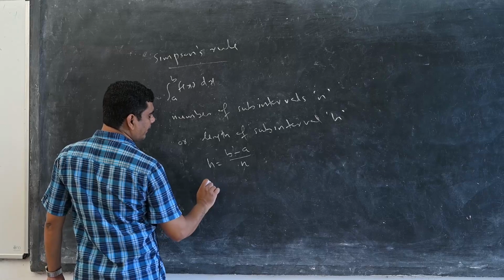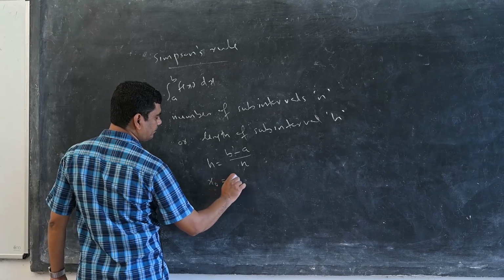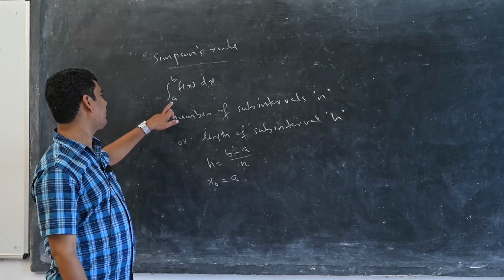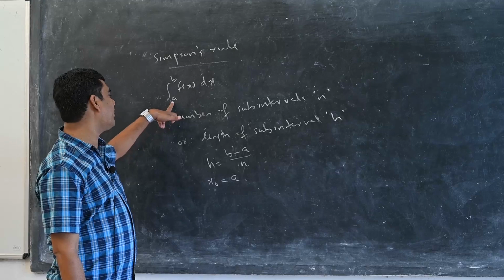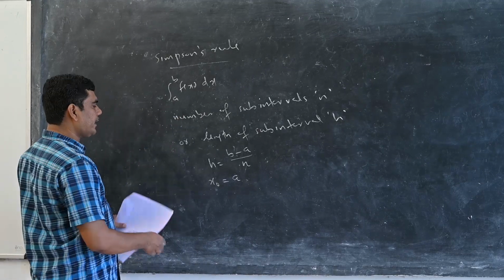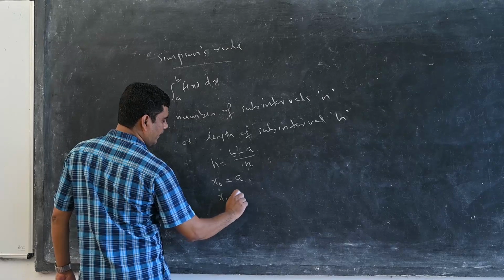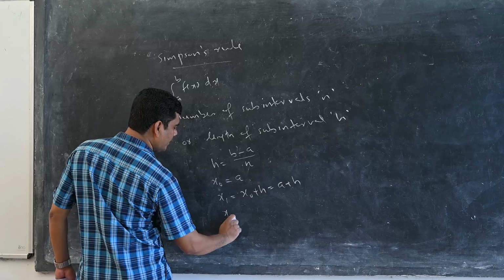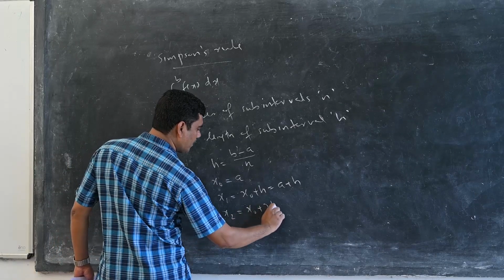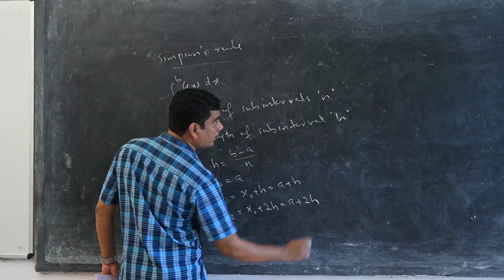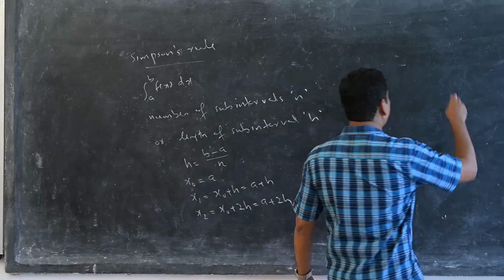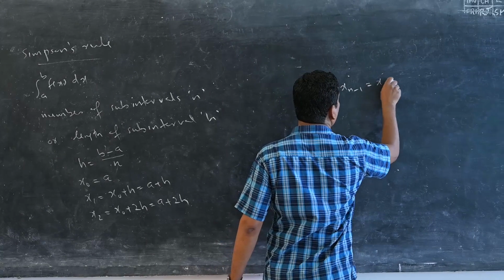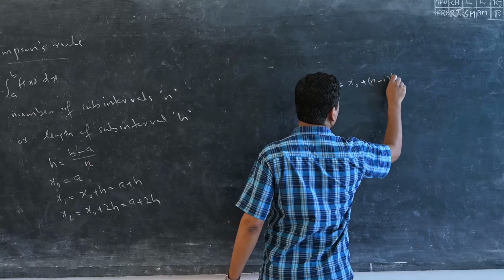Start with x0 equal to a. a is the left end point of this interval. This is the lower limit of integration. x0 is equal to a. x1 is equal to x0 plus h, a plus h. x2 is equal to x0 plus 2h, a plus 2h, etc. xn minus 1 is equal to x0 plus n minus 1 into h.